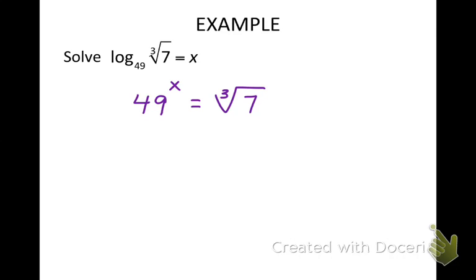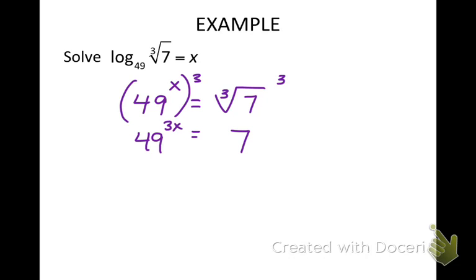I would have made that a 1/3, but sure, we can do that. So Carrie's saying if I cube this side, then I would just have a 7, which means if I cube this side, it would just become 49 to the 3x. Yes, and then 7 is the square root of 49, so it's just 49.